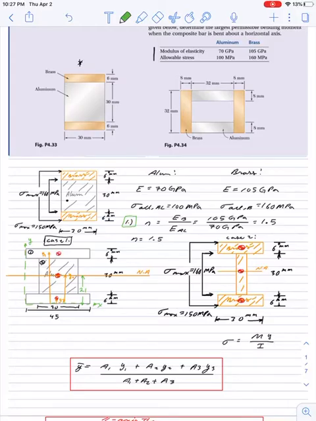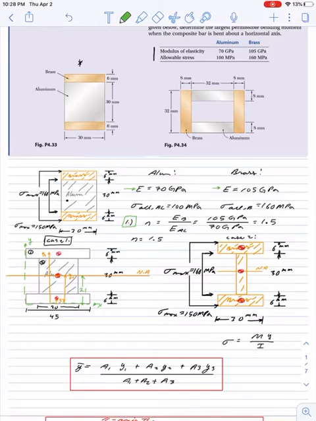And what we're doing is we want to see the relationship between the strengths of the material. Now the modulus of elasticity for brass is 105 and the modulus of elasticity for aluminum is 70. This means that brass can withstand more pressure than aluminum.